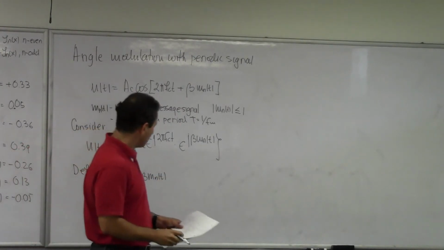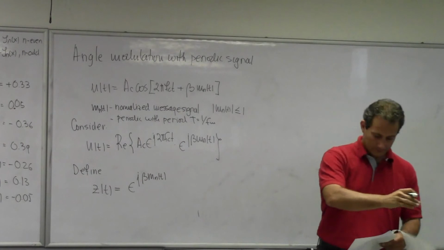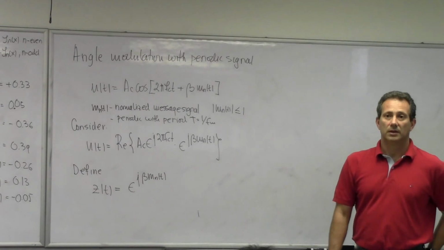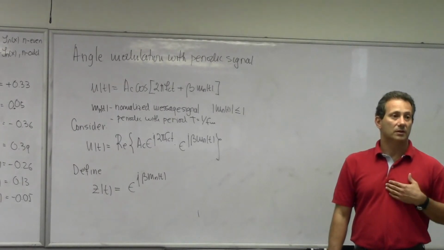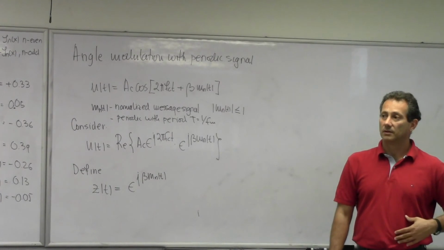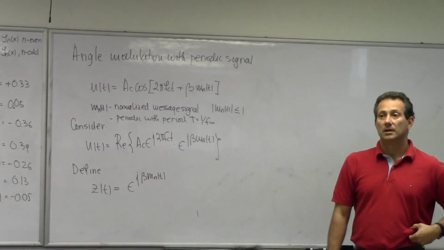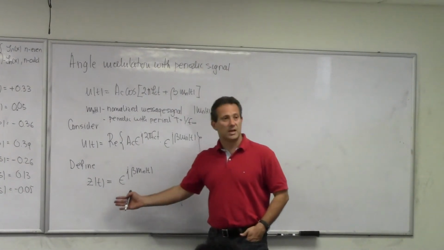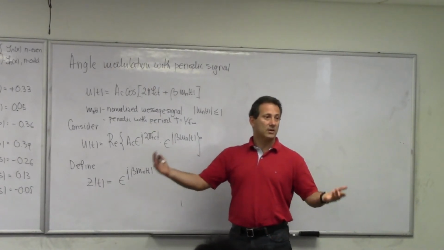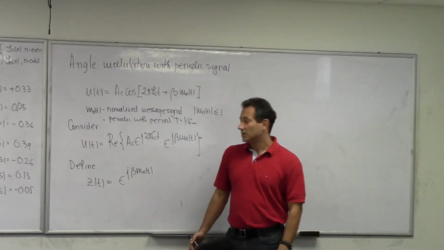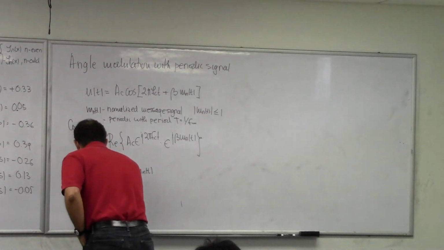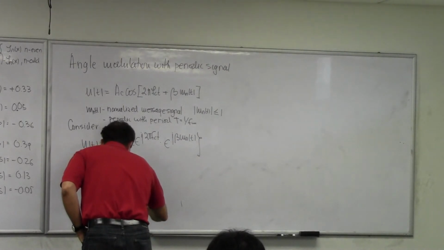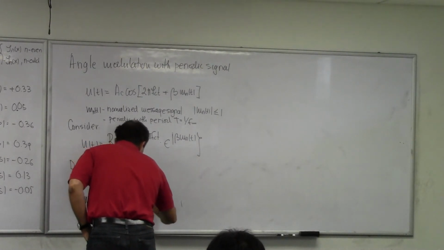If mn of t is periodic, what can you tell me about z of t? Periodic signal too, right? As a matter of fact, the period of z of t is the same as the period of mn. When mn repeats, z repeats as well. So mn of t is periodic, therefore z of t is periodic as well.